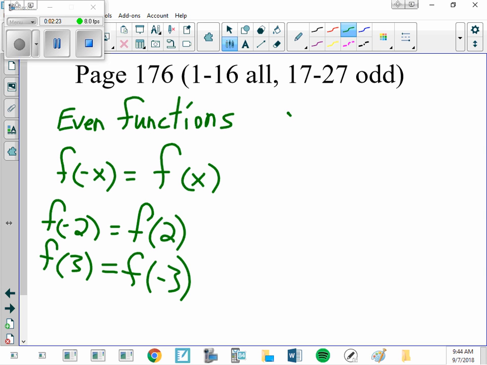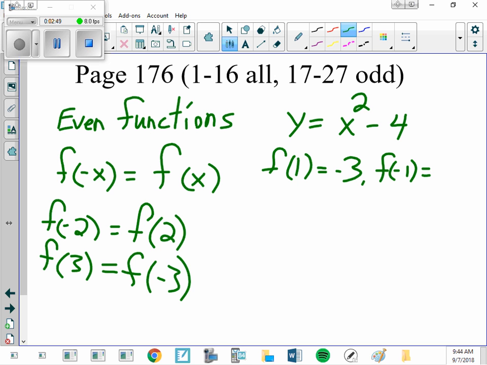So let's look at y equals x squared minus 4. Okay? Let's plug in 1. What is f of 1? Negative 3. Okay? Let's plug in f of negative 1.